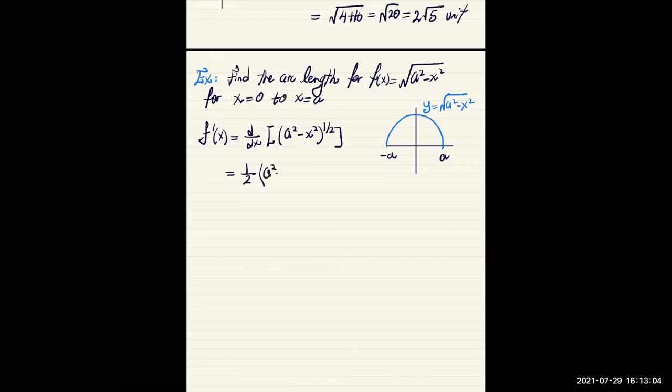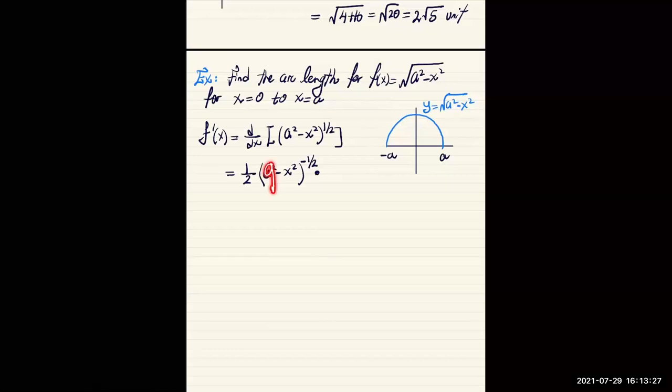You do a squared minus x squared to the power of negative 1/2. Multiply by the derivative of that. The derivative of a squared is just, is it 2a, guys? No, it's a constant. Excellent. The derivative of that is 0.